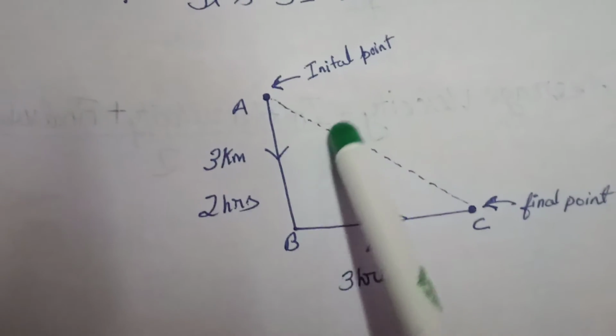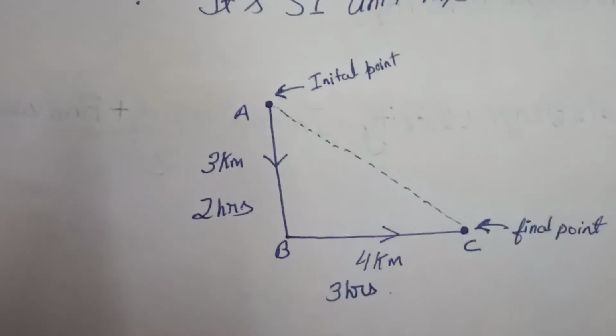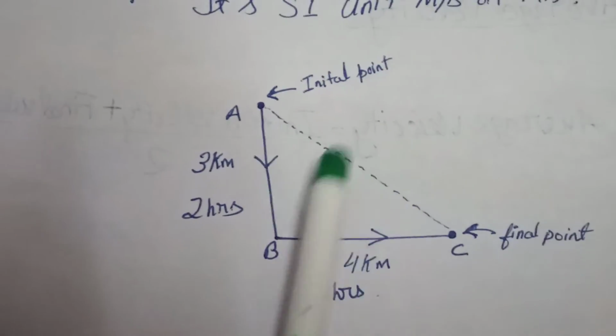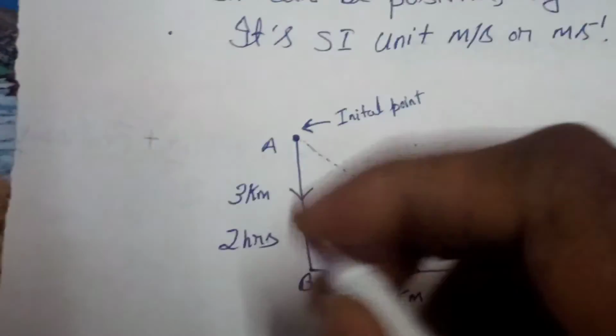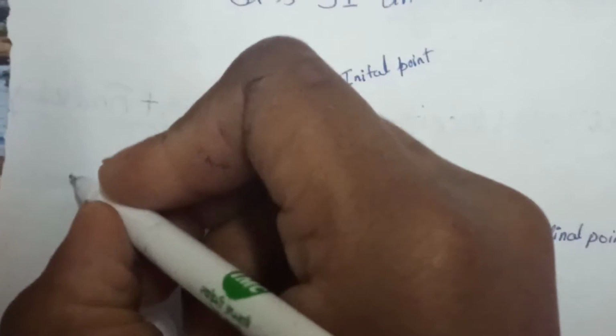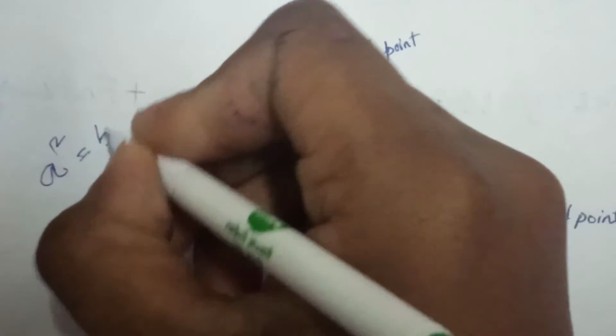And now we have to find the magnitude of this route. Magnitude means we need to find the value. Value means number. Now how do we calculate the value of this displacement? It is easy. We can calculate it easily from the Pythagoras theorem. We know Pythagoras theorem is a square equals b square plus c square.